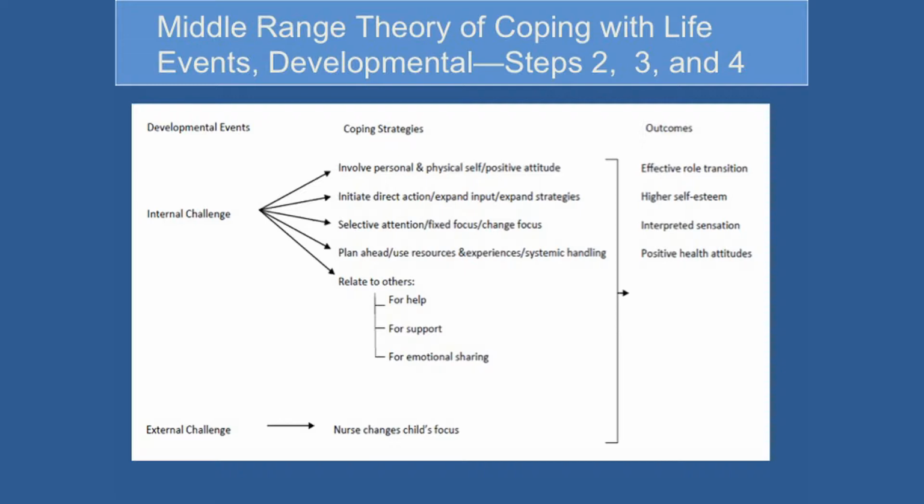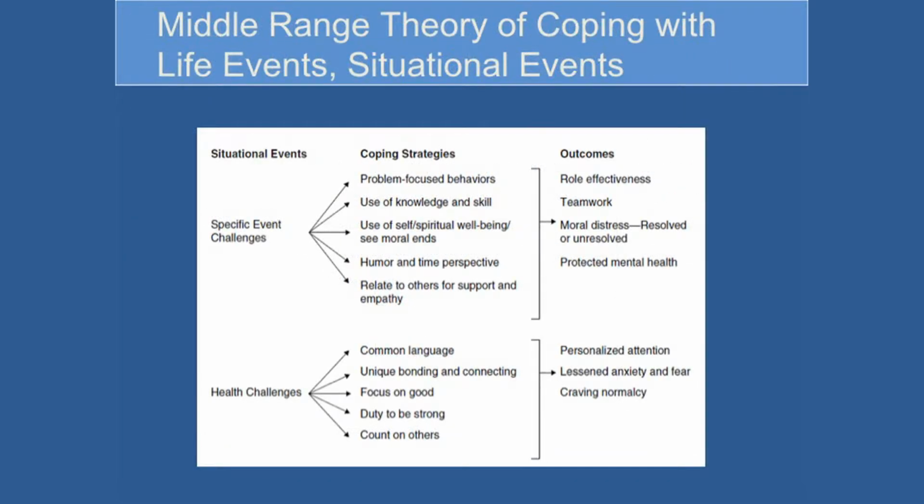The last column then shows the adaptive outcomes, and these were summarized as effective role transition, higher self-esteem, interpreted sensation, and positive health attitudes. Then on the level of life events that are situational, there were many of these, but in general, as far as stimuli, we call them specific event challenges.